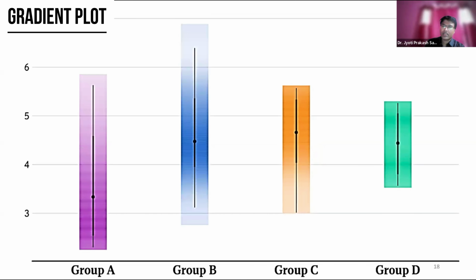The gradient plot shows the median values as dots. The whiskers are seen there as the darker shade of this line. These are the whiskers.